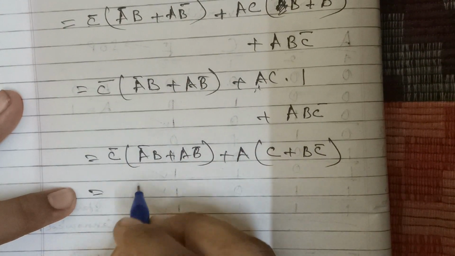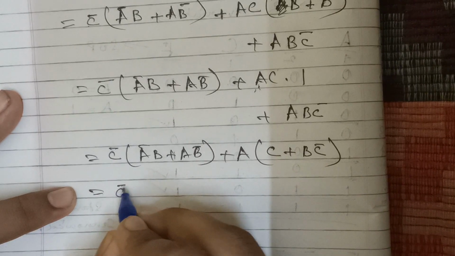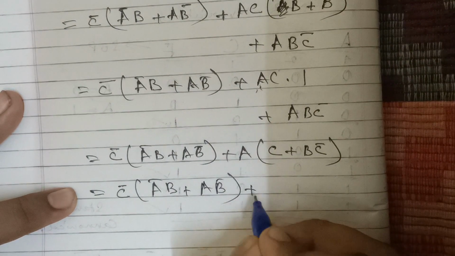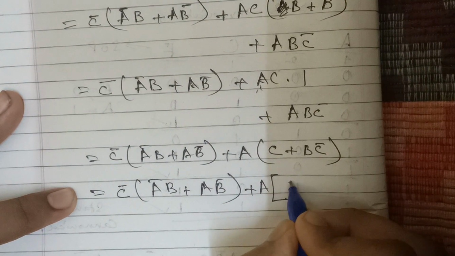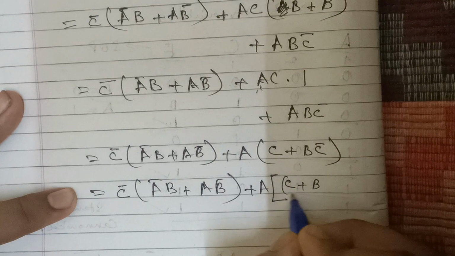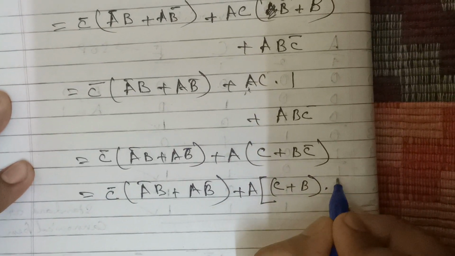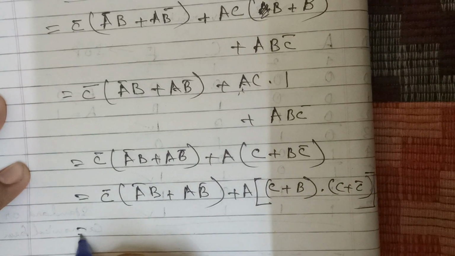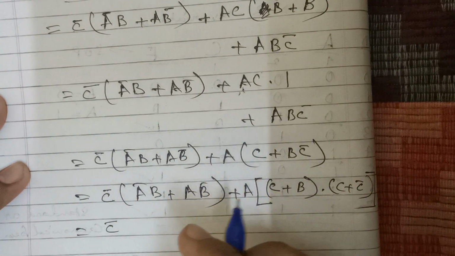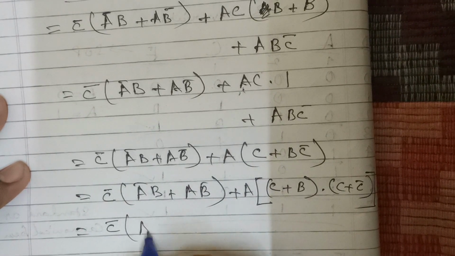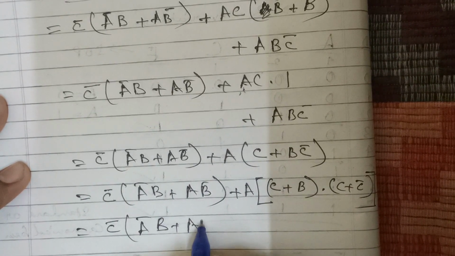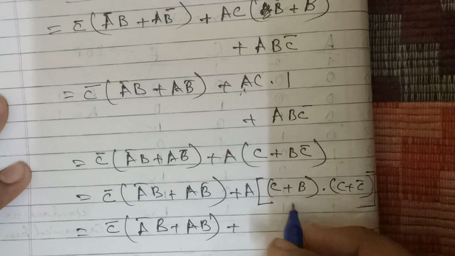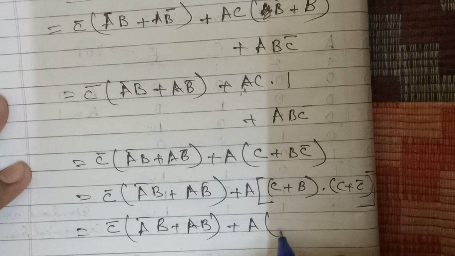Using all the Boolean laws available, we can write it as C plus B multiplied by C plus C bar. Let us jump to the conclusion right now. This one becomes 1, this one becomes 1, so this one becomes C plus B.